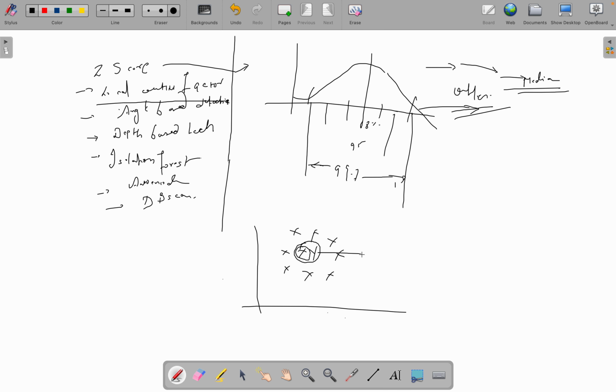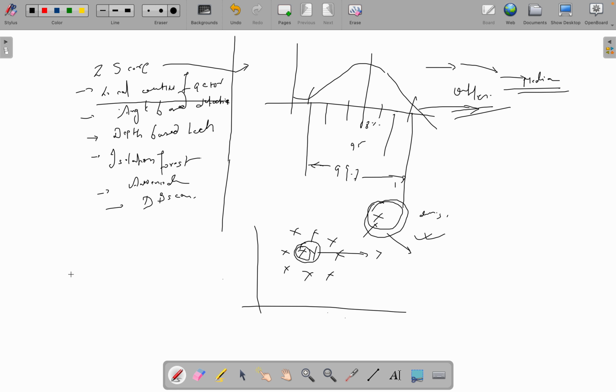If the density is higher, then the chances are more that this is surrounded by similar data points, so it is not an outlier. But if some point is here, then you can see that it has no density, or if another point is here, then these 2 points have low density. So you can say that these are outliers based on the density.